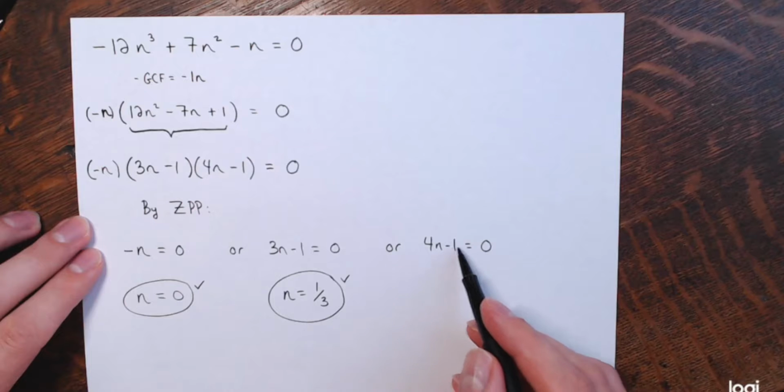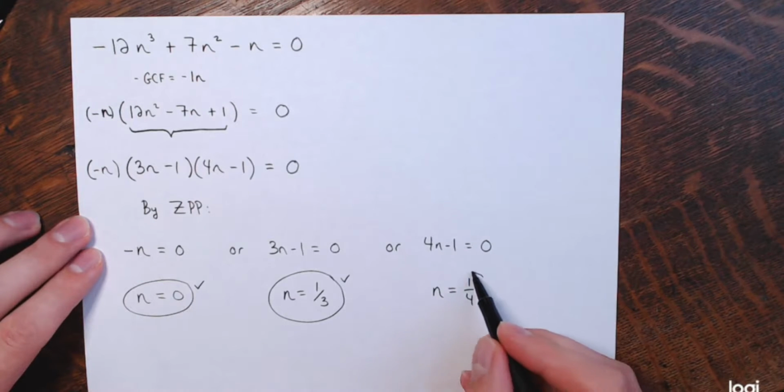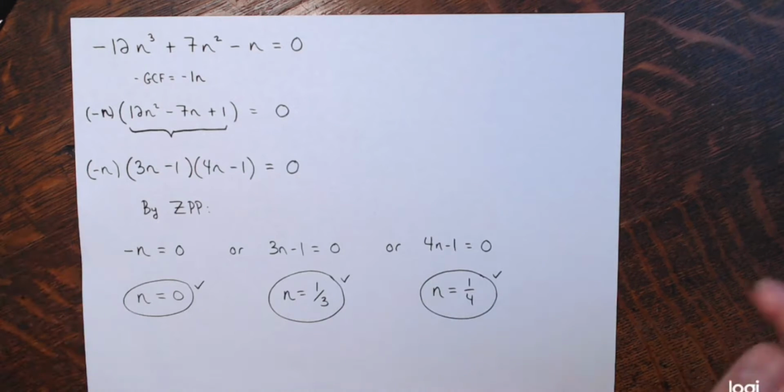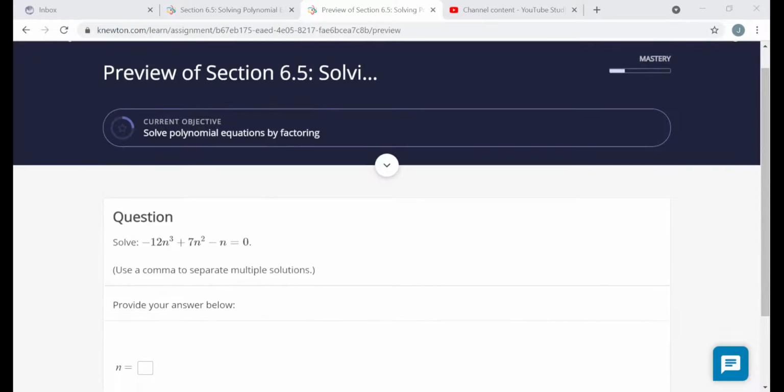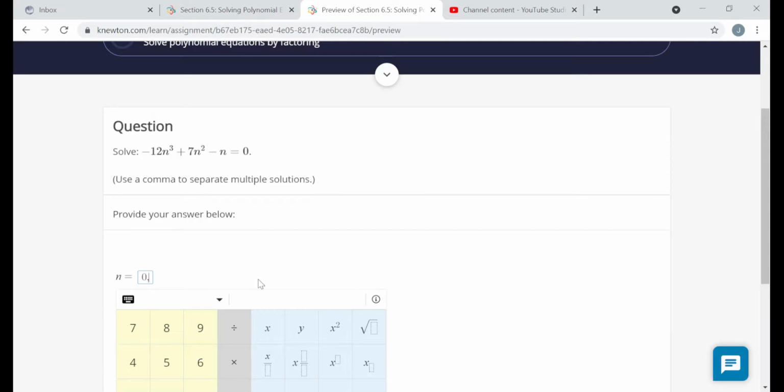And then this last one, adding 1 and dividing by 4, n equals 1/4. And once again, I leave it to you to check that, but they should work. So 0, 1/3, and 1/4 are the solutions, and I'll enter those with commas between them. 0, comma, 1/3, comma, 1/4.